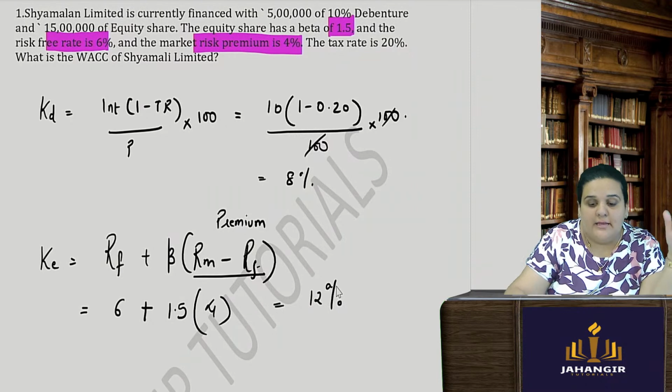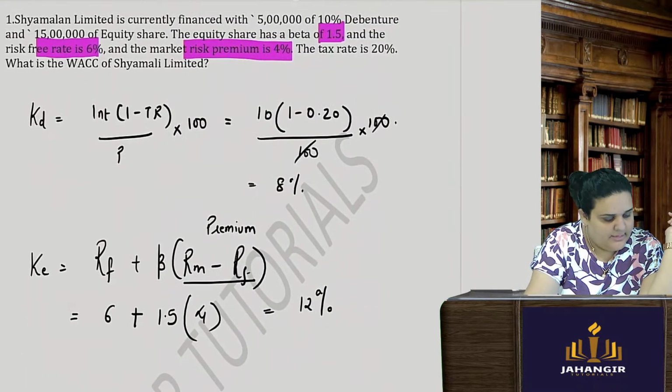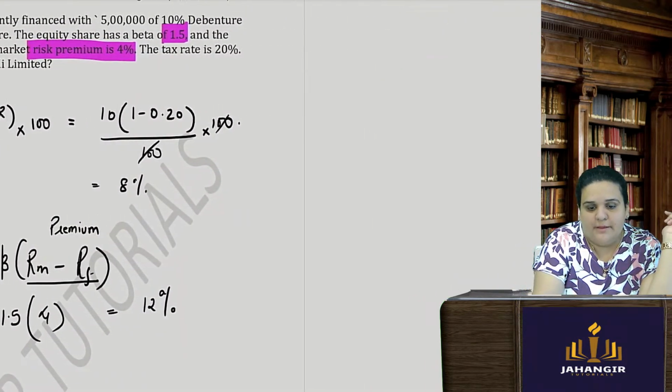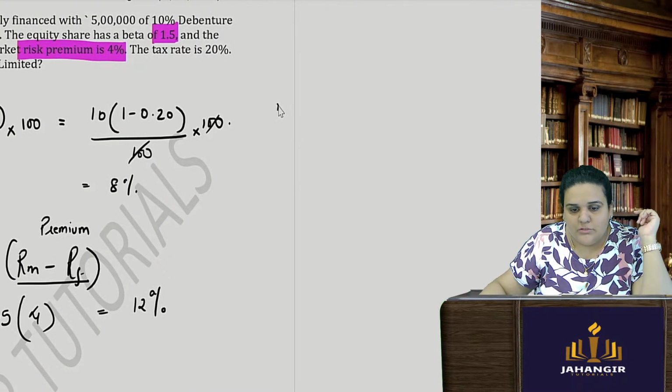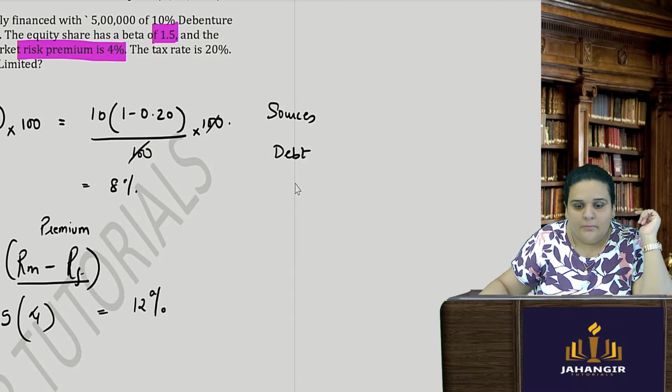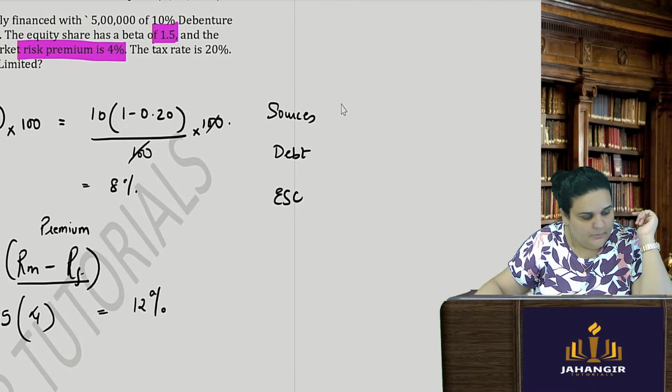So I have KD, I have my KE. I just need to find the weighted average cost of capital. So here my sources are debt and equity share capital.